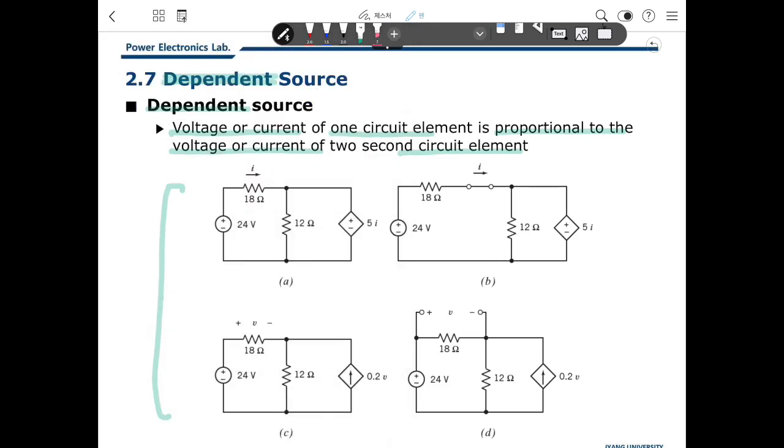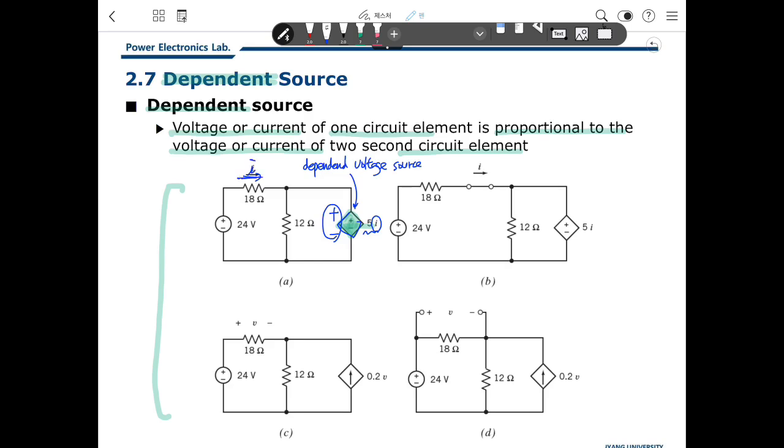So what is the value here? Because the symbol is plus minus, this is a dependent voltage source. The value of the terminal voltage is determined by 5 amps, meaning the current flowing in this resistor.